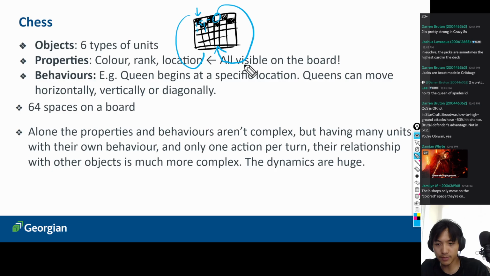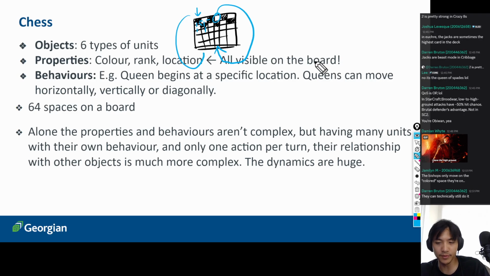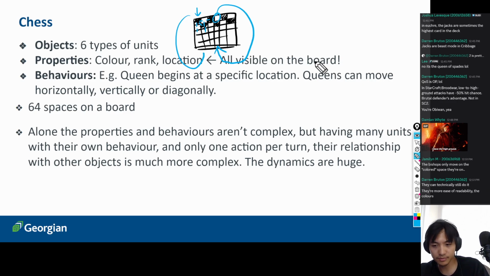Jamelin, yes, the bishops only move on the same color, but you wouldn't actually need the colors to make that happen because the bishops already have a movement pattern, right? Like you don't need the color to say that. Bishops can't just move anywhere that has the same color. They only move in a diagonal, right? So it just helps us read the board, yeah.